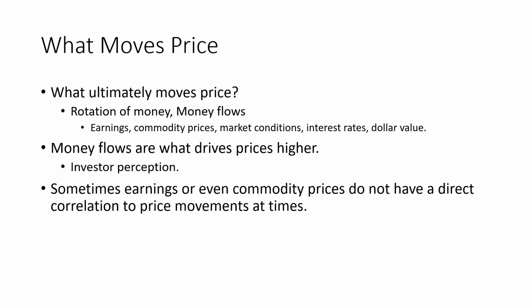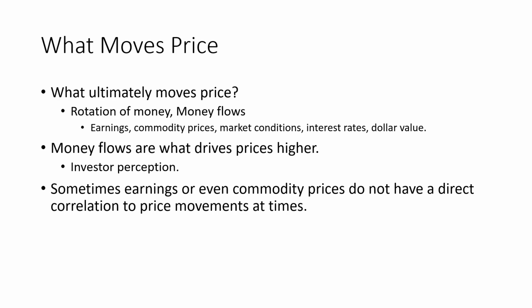It's earnings, commodity prices, market conditions, interest rates, dollar value. But you could really take out earnings because that's tied to commodity prices if it's a commodity producer. But then you could take out commodity prices because that's just an underlying condition of market conditions. But then you could say market conditions aren't necessarily what's driving it, it's really interest rates. But then interest rates are really inflation or the dollar value.